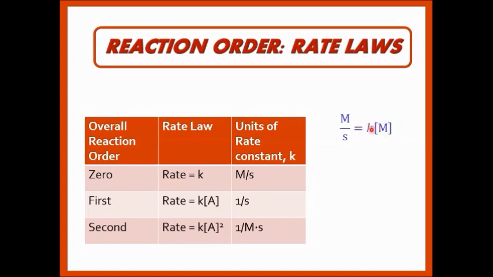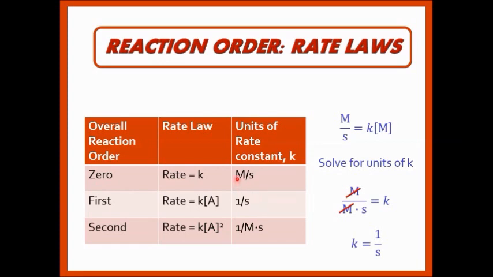If we solve for the units of k, we divide by molarity, and molarity cancels in the numerator and the denominator. So our rate constant k is equal to 1 over seconds. That's how we get the unit of the rate constant for a first order reaction.